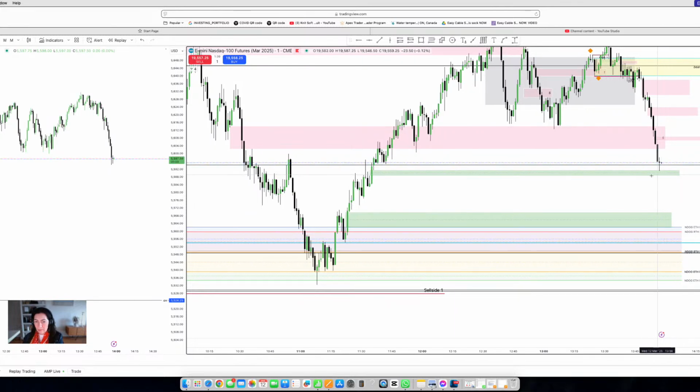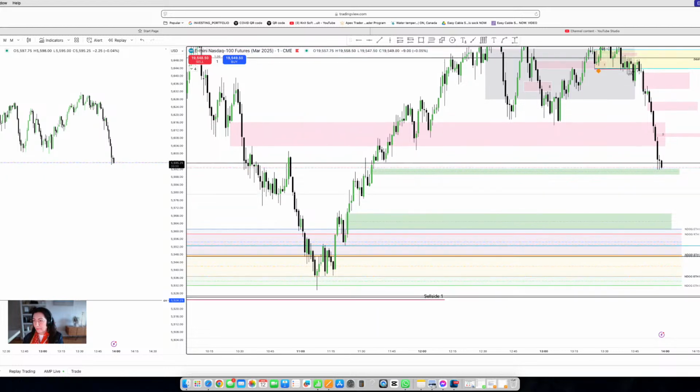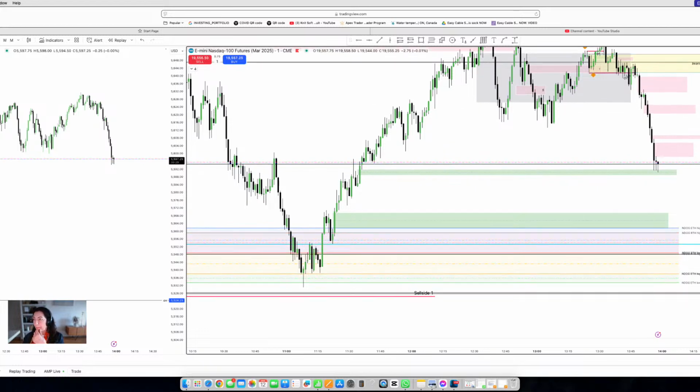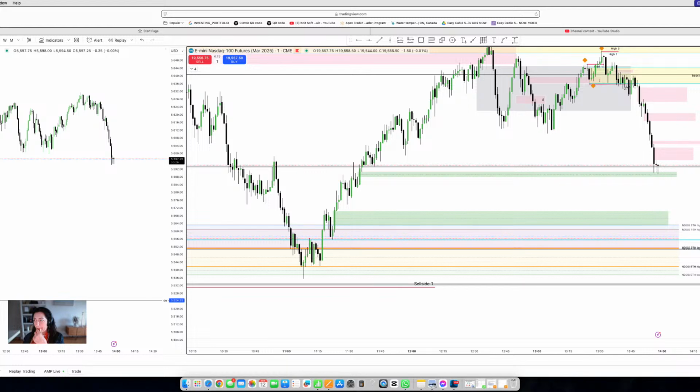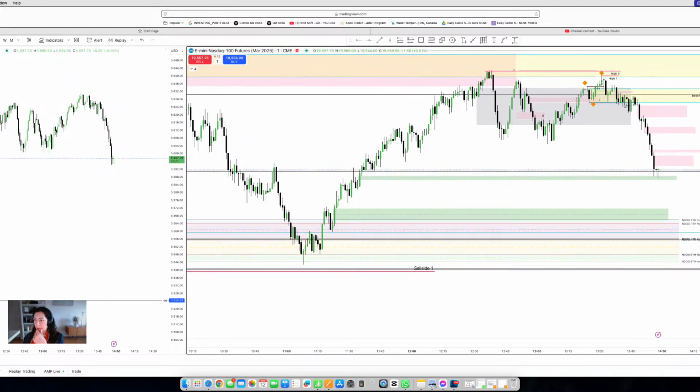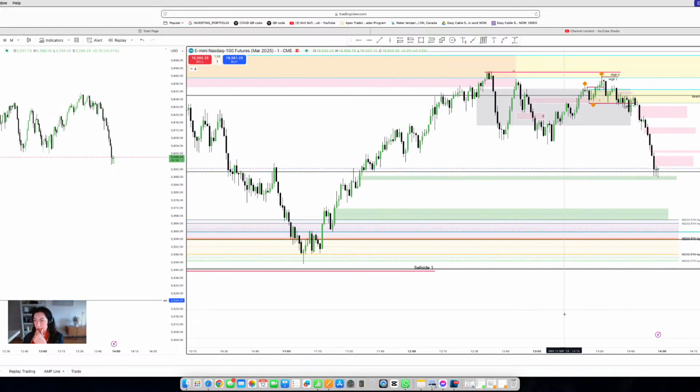If this turns into an inverted fair value gap, this could be the next level here. So that was a nice little ride down from the bearish breaker. This PD array looks to be holding for the time being.